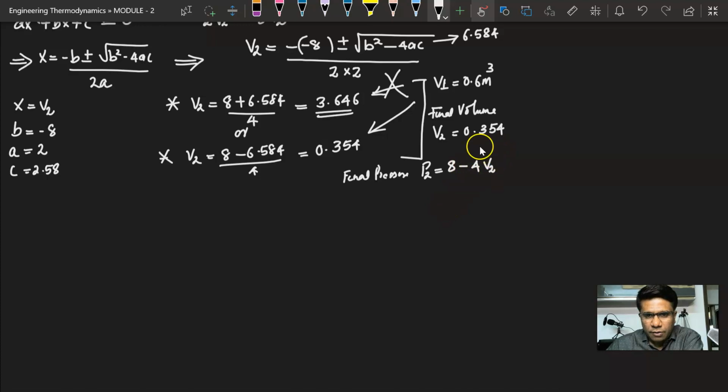V2 is there, which we have just found out. Here, the value of P2 that you get will be in bar, because as we have told, the value of P is in bar. If you want to convert this into Newton per meter square, just multiply it with 10 raised to 5. So this is the solution.